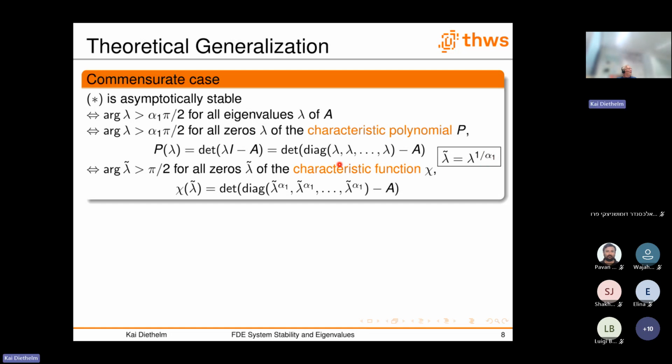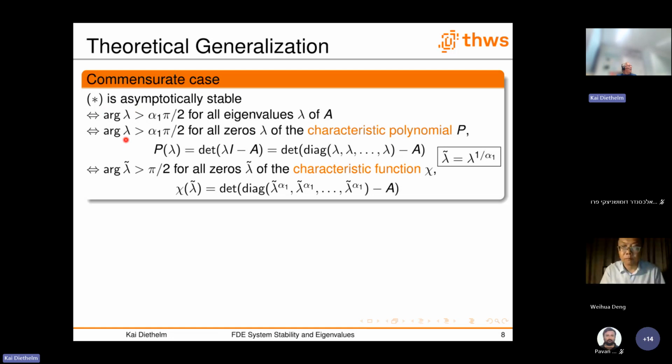And then you can express this in terms of the argument of lambda tilde, and you get rid of the alpha 1 up here. So that means the absolute value of the argument of lambda tilde is bigger than pi over 2 for all zeros of the characteristic function chi, which you can generate from this characteristic polynomial by means of this substitution. So instead of lambda, we write lambda tilde to the power of alpha 1.